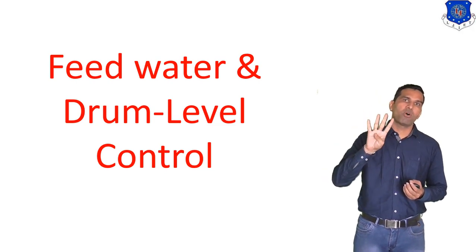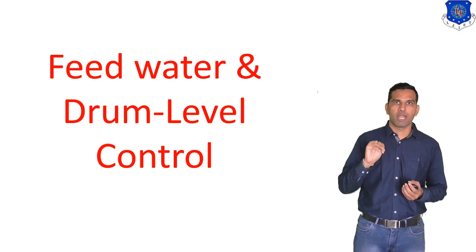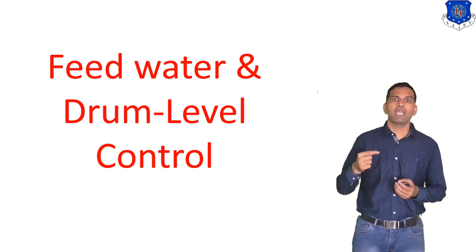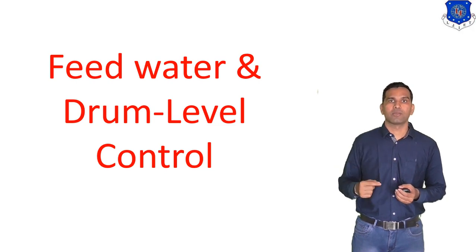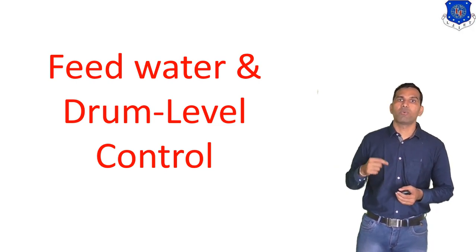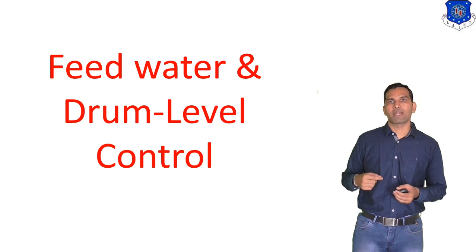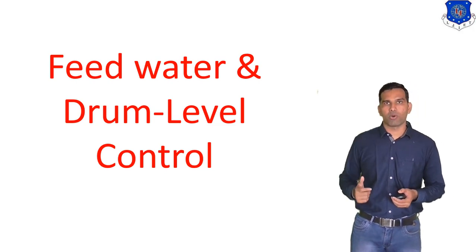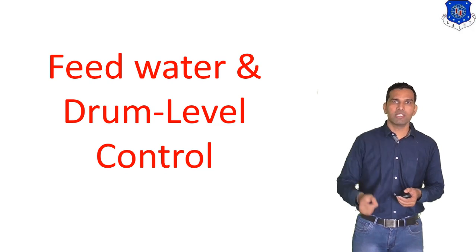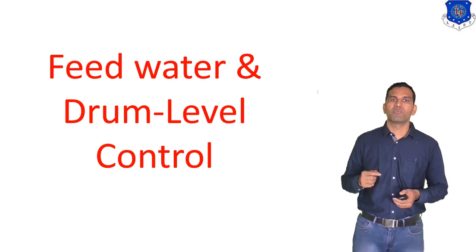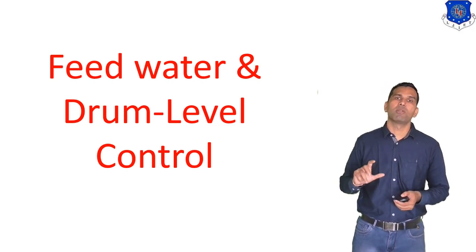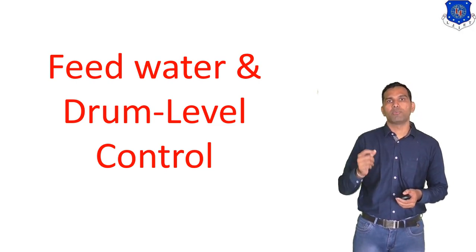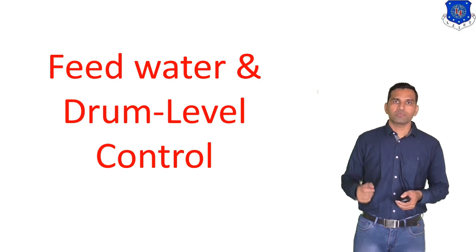These are the 4 important control systems. Then we discussed the swelling and shrinking reaction, or the swell and shrink effect in the boiler. The next one is the inverse response. And last, we discussed in today's lecture the feed water and drum level control. So these are the important topics of this chapter. Thank you.